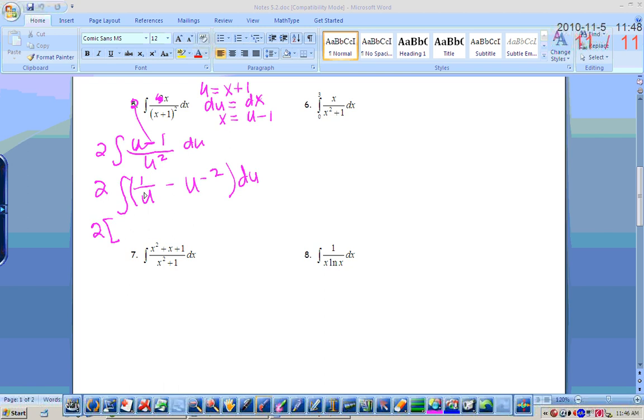All right, so the 2's out in front. 1 over u, the integral is natural log of u in absolute value. And then the integral of negative u to the negative 2 is plus u to the negative 1. And it doesn't really matter where you put your plus c.